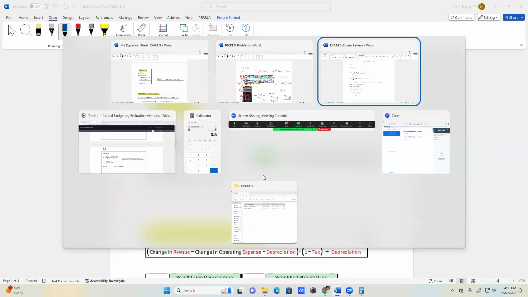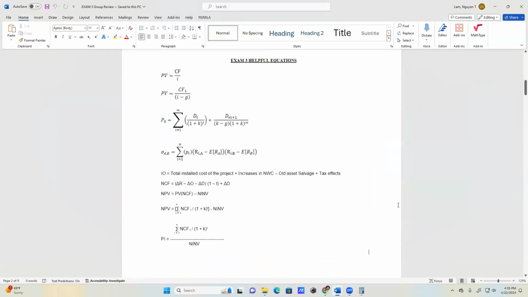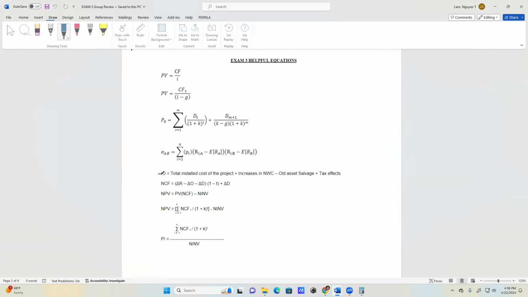Let's say I'm looking at the equation sheet trying to find initial outlay. So definitely this equation right here is what I'm interested in. Total cost of the project should be easy. Net working capital, easy to find.